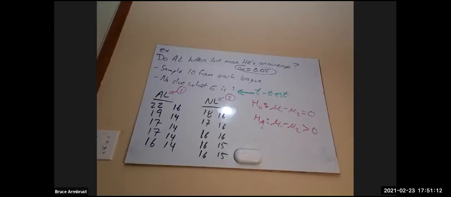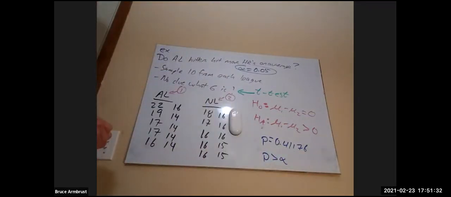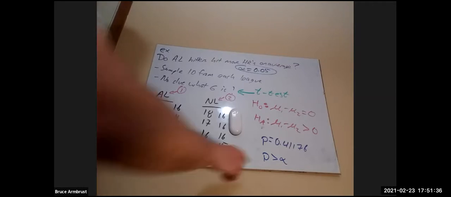All right, well, let's come back to the whiteboard. All right, so we calculated P as 0.41176, which means that P is greater than alpha. Again, think of this as like a percentage.